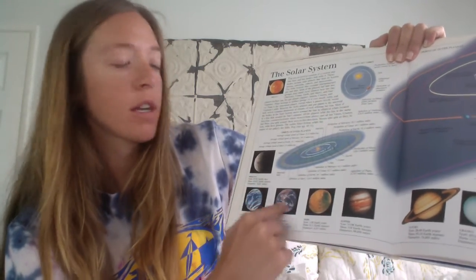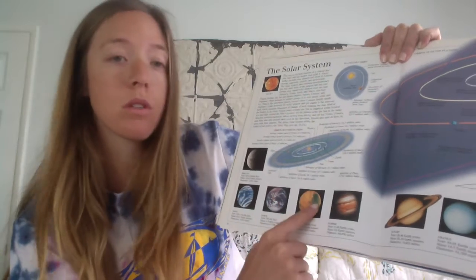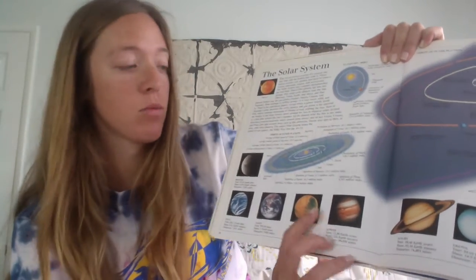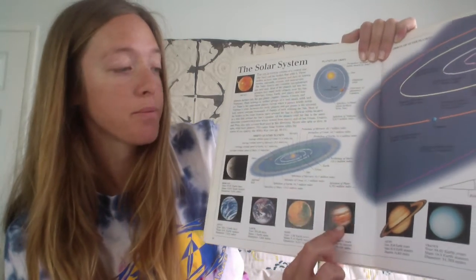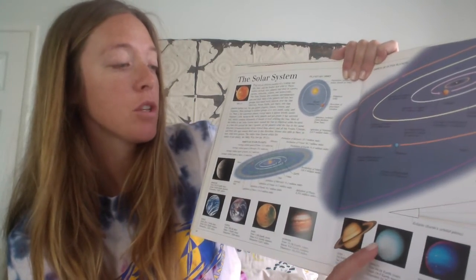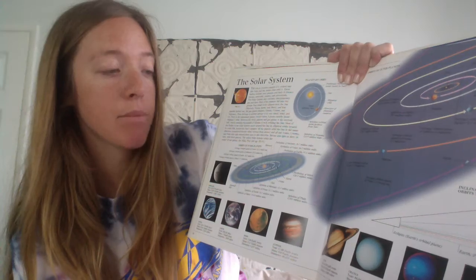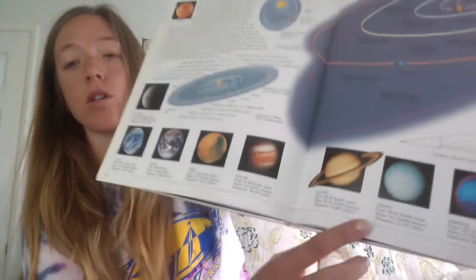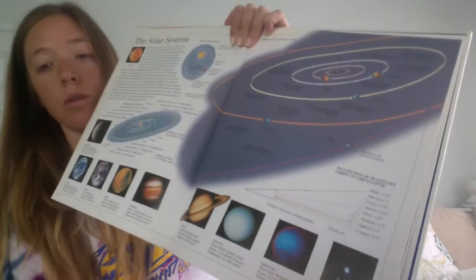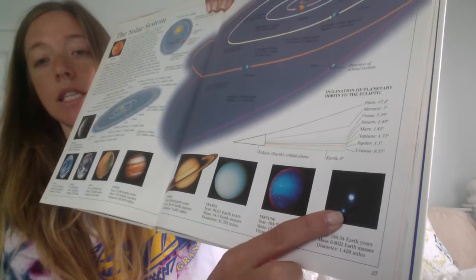Those are the four rocky planets, and those are the ones that are closest to the sun. Then we have our gas giants, which is Jupiter, Saturn, Uranus, and Neptune, and remember, questionably, Pluto, all the way at this end over here, this little teeny tiny one. And those are our planets. And they all orbit in a circle. They all move in a circle, just like we are moving.